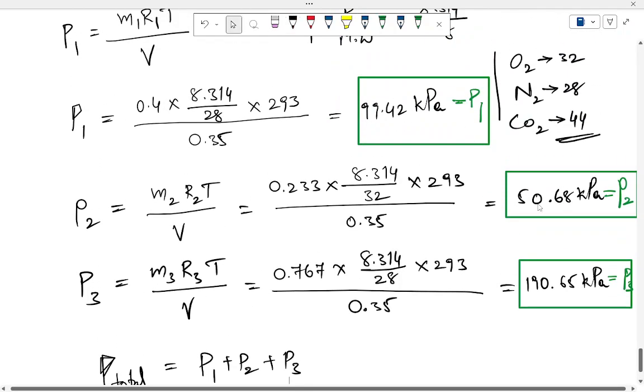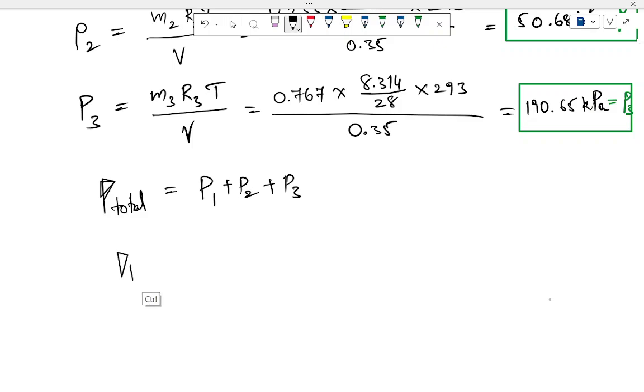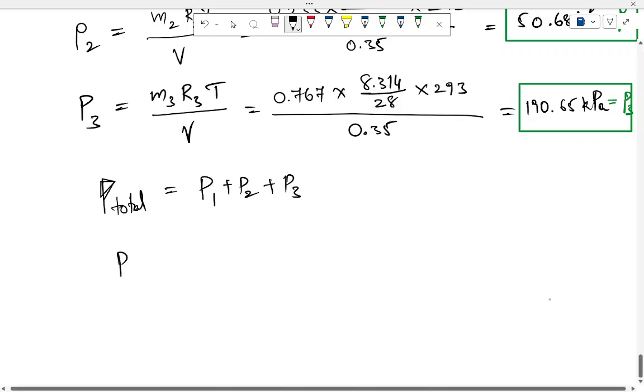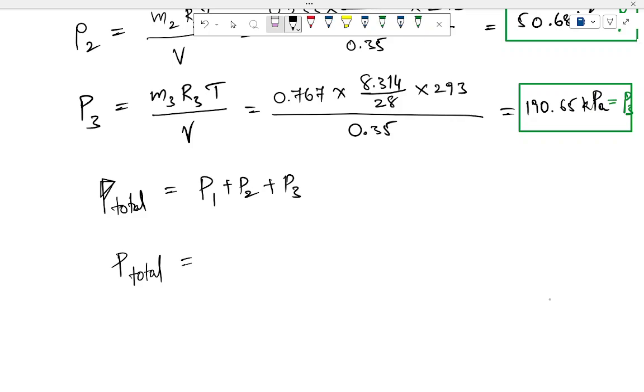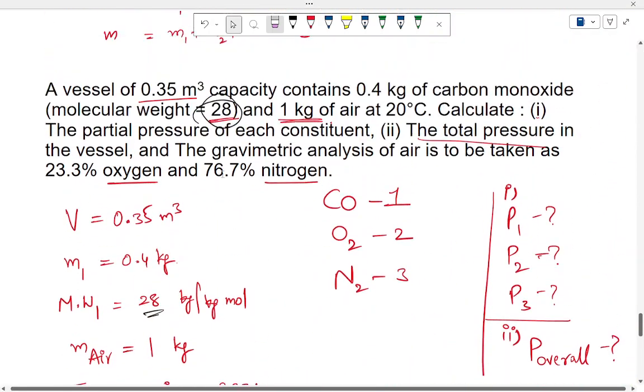So when you take the sum of 99, 50 and 190, you will get that value to be, so the P total will be 340.75 kilopascals. So this is the thing that he's asking you to find. So you have found out all the things that are asked in the question. So it is quite simple. So that's how we will solve these problems.